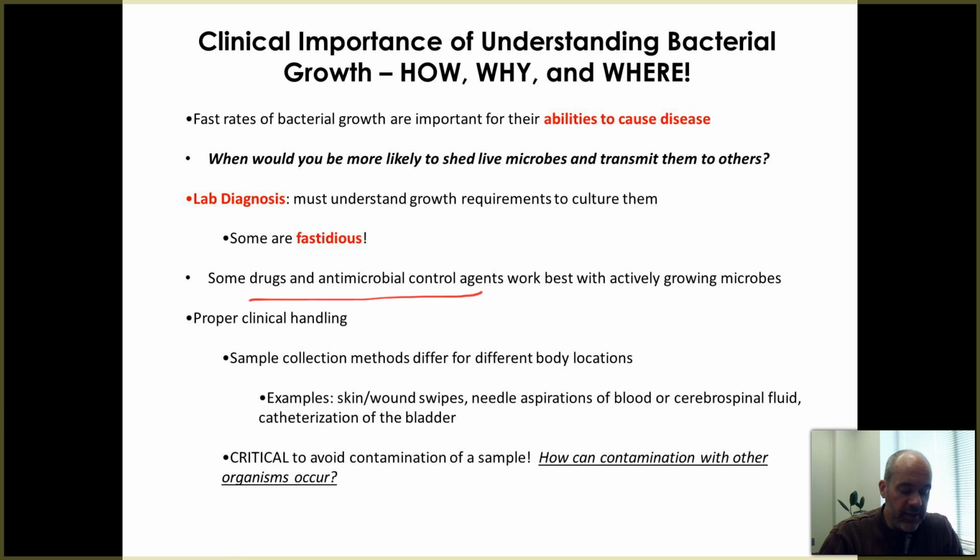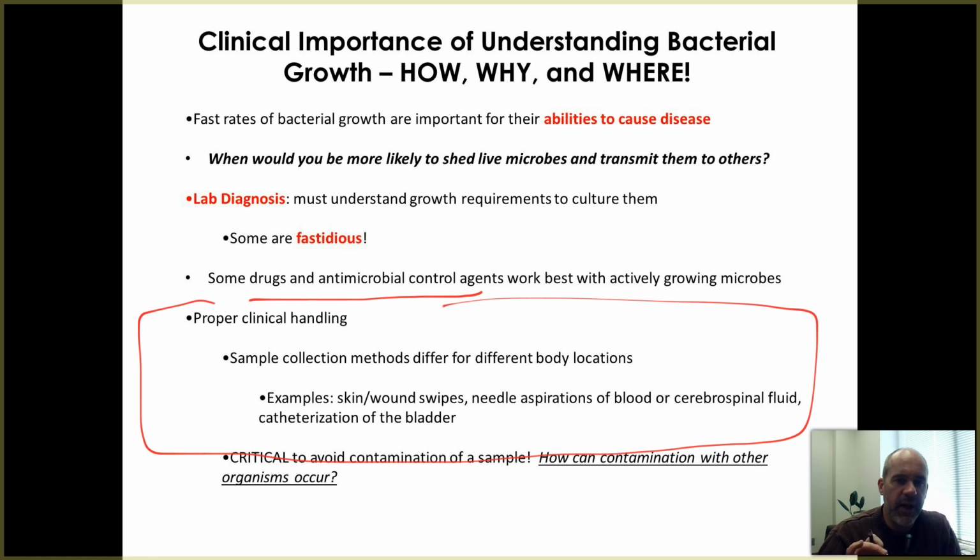A lot of drugs and antimicrobial control agents, which we'll be talking about in Chapter 9, really work best with actively growing microbes. So that's another important reason why understanding microbial growth is important. This is huge. Again, understanding the parts of the body where microbes live and where they don't typically live. What types of body fluids are likely to contain microbes?